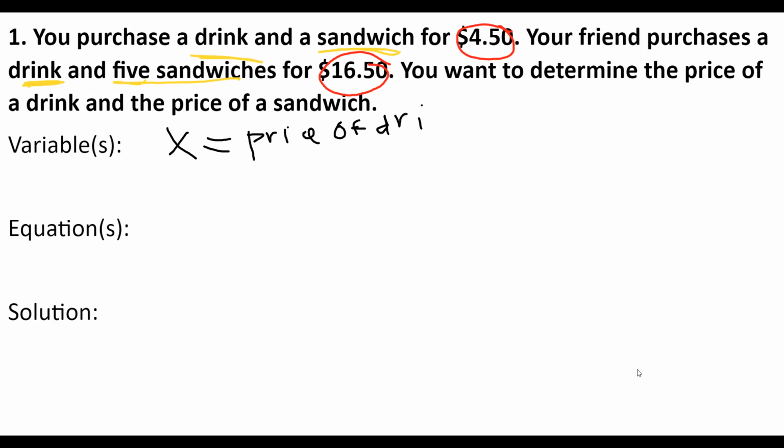And then Y, what do you think that's going to be? Y should equal the price, I'm going to do a dollar sign, of sandwich. Most definitely did not spell that right.